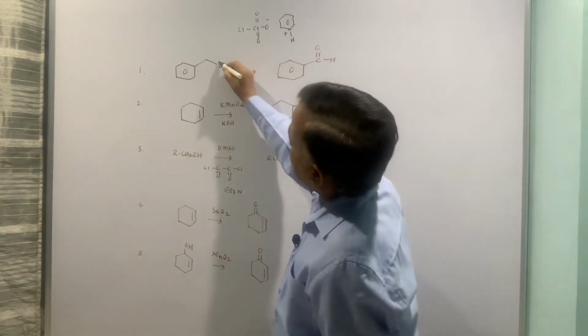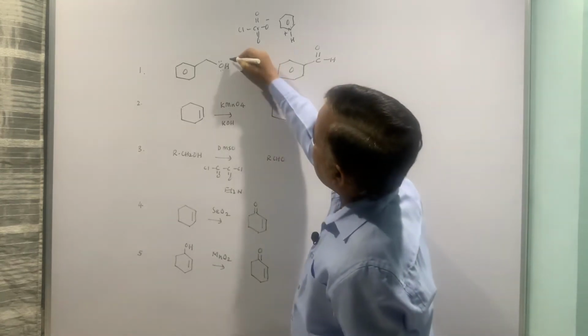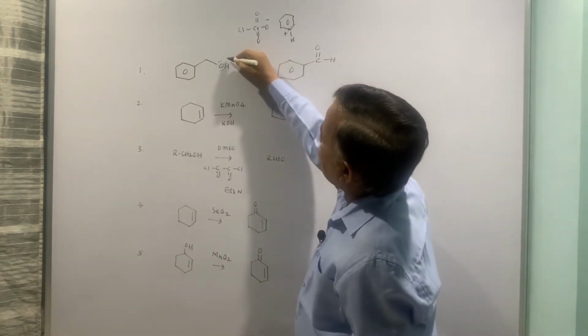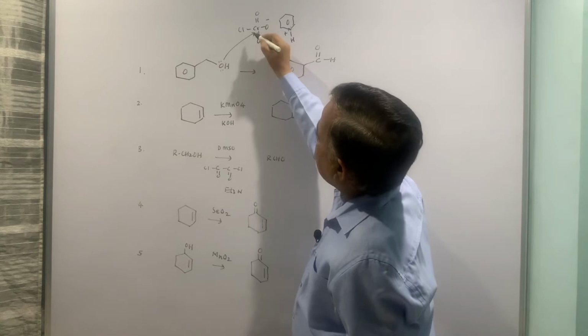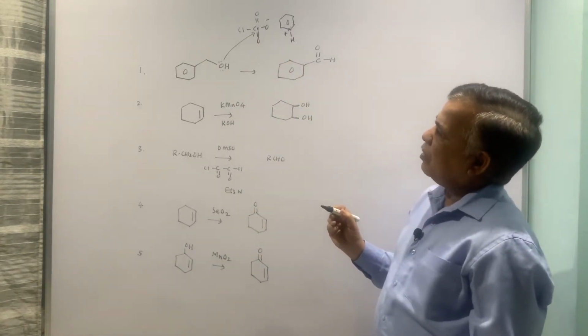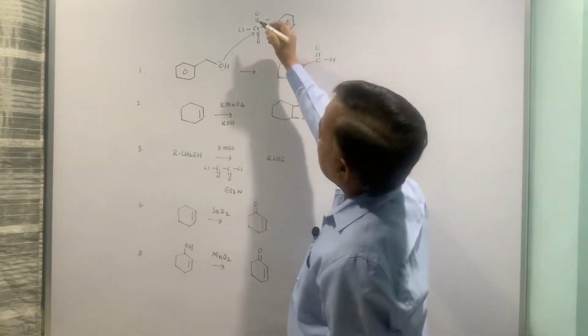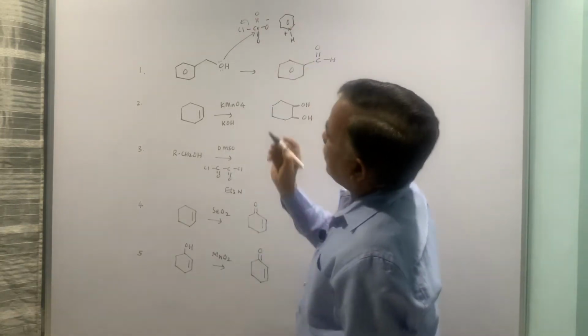Now oxygen of alcohol interacts. We can directly show that this attacks at chromium, the oxygen double bond acts as a sink, and you can simply lose the Cl minus.